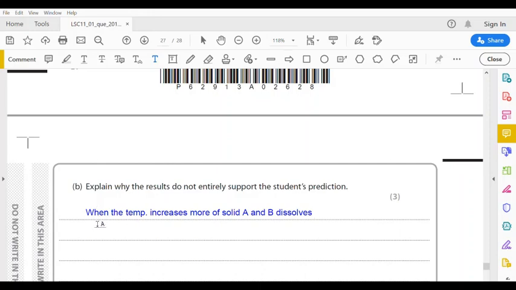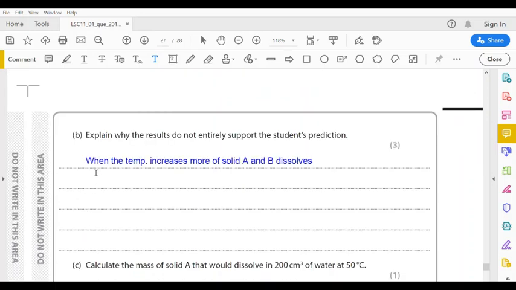Or you can say solid A isn't always more soluble. Or you can say at high temperature, above 71, solid A is more soluble.